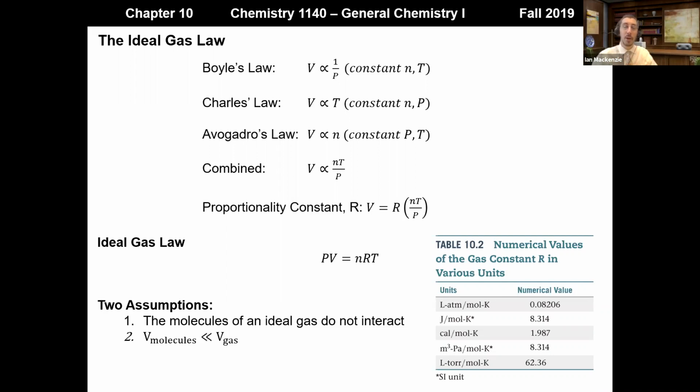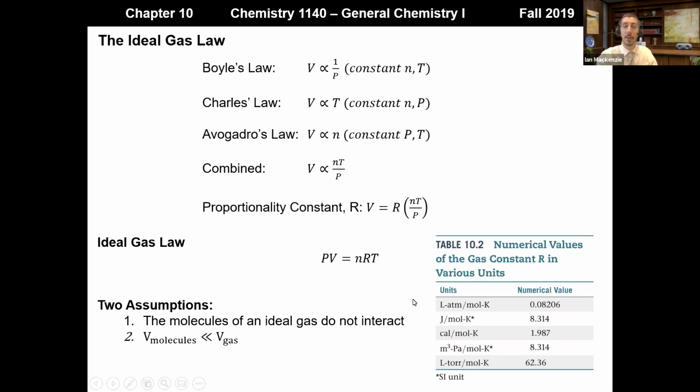And that's important as well, because if that is not true, then we tend to have interactions between gas molecules, and this equation will no longer hold for most gases. So this is an extremely useful equation, PV equals nRT, because it now relates the four variables to each other.